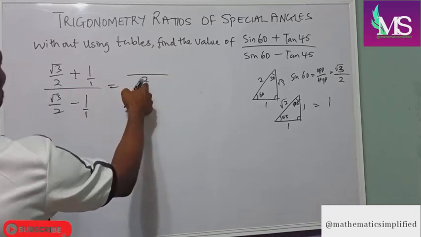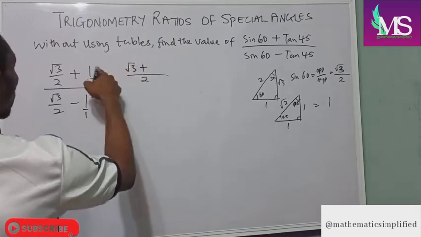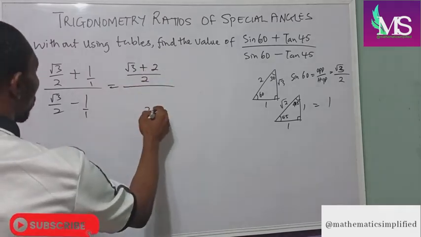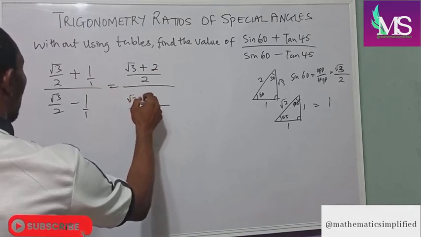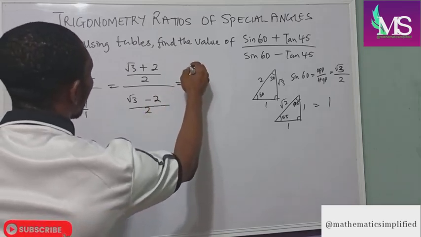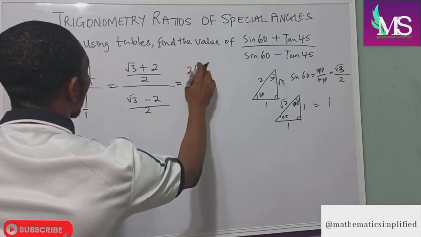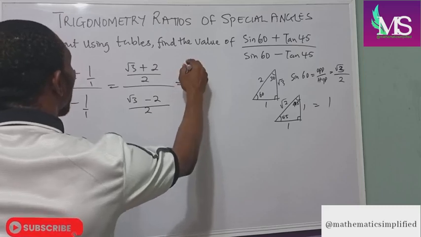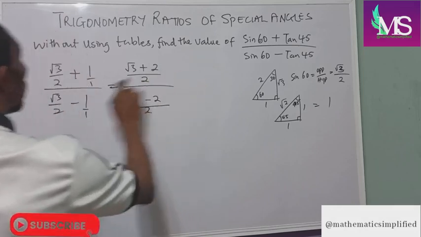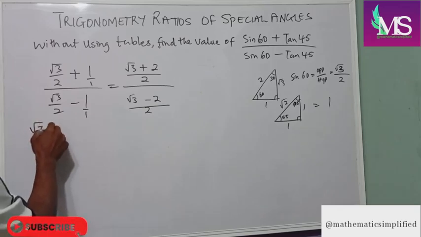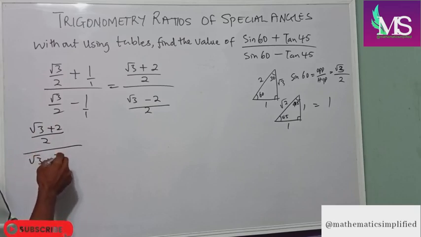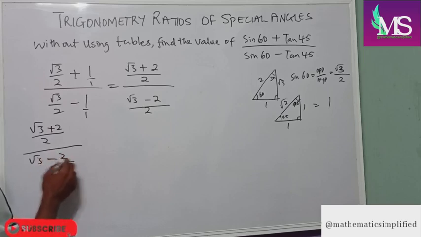This becomes root 3 plus 2, all over LCM 2, root 3 minus 2.